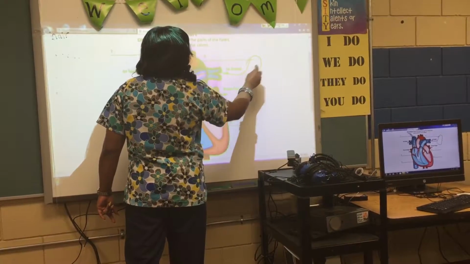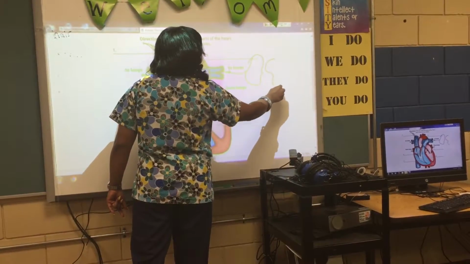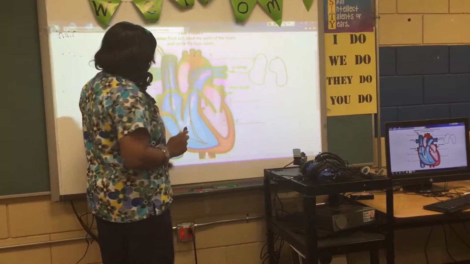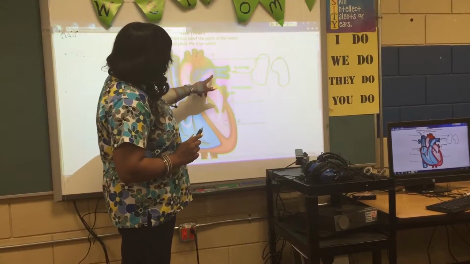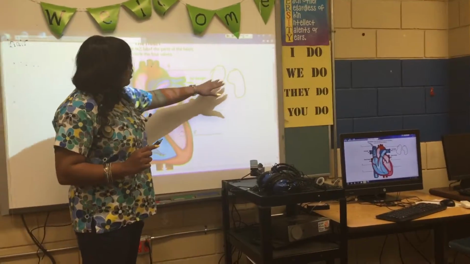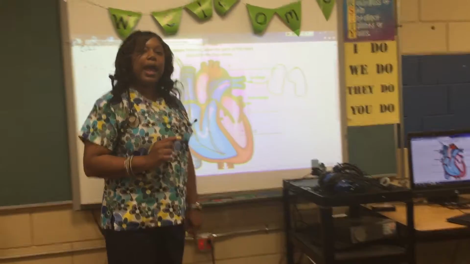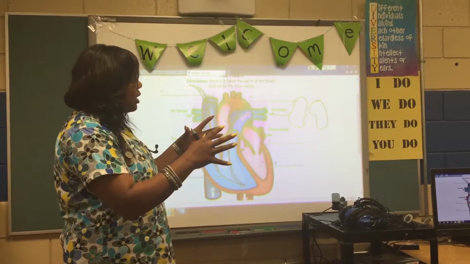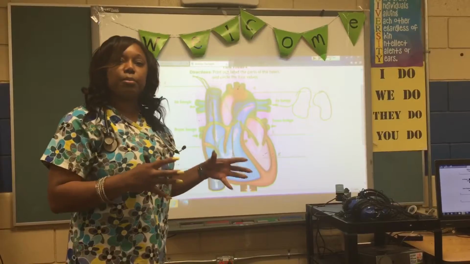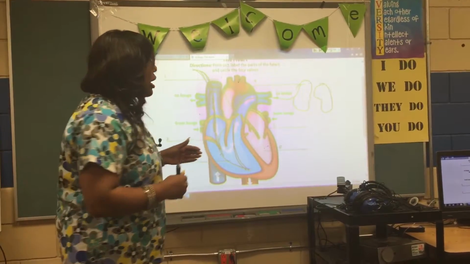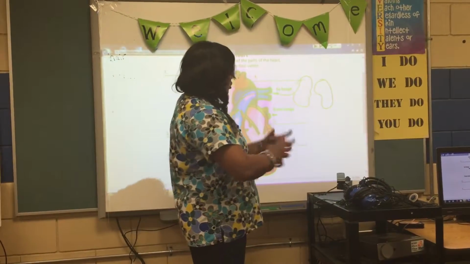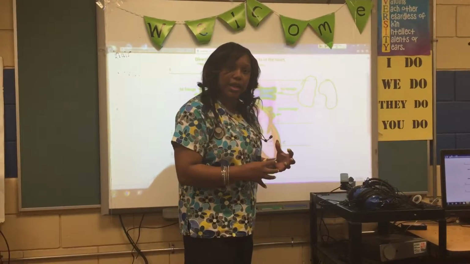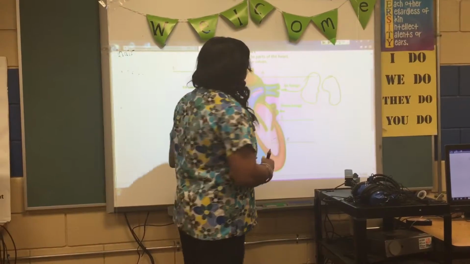Okay, so here you have your lungs. The pulmonary artery pumps the blood back out to the lungs. What happens in the lungs is that the deoxygenated blood, which has a lack of oxygen, is actually switched out for oxygen. So it's replenished in the lungs.